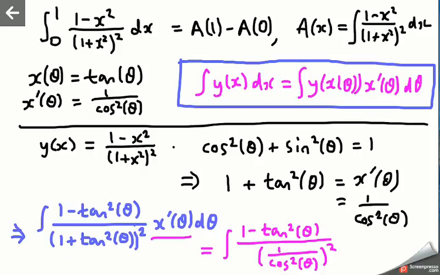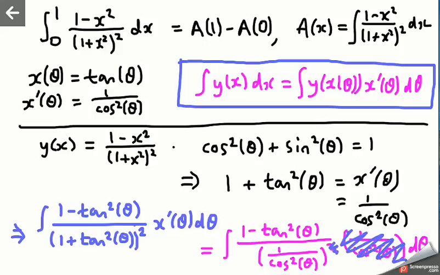And we're multiplying by x prime of theta, so we're going to be multiplying this whole thing by 1 divided by cosine of theta squared, d theta.